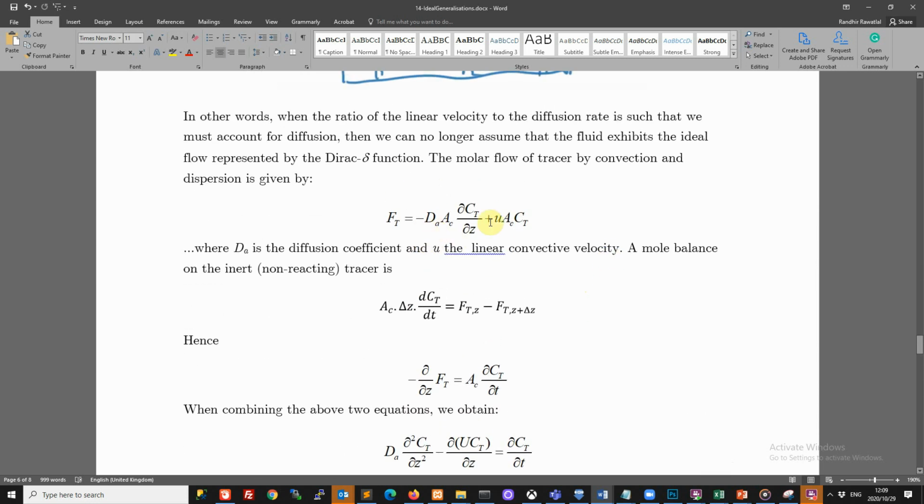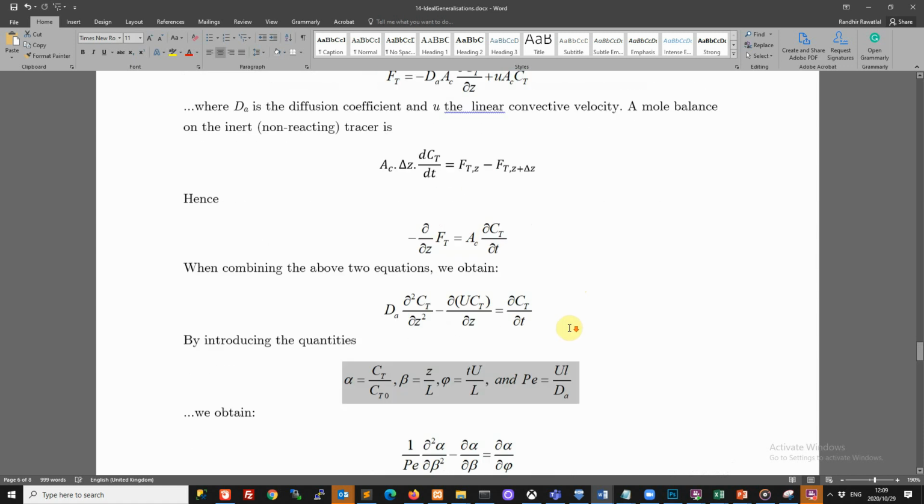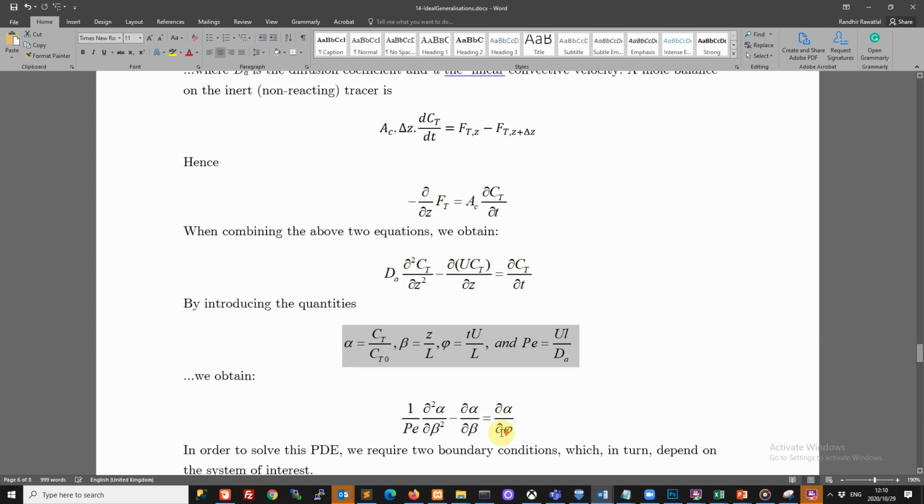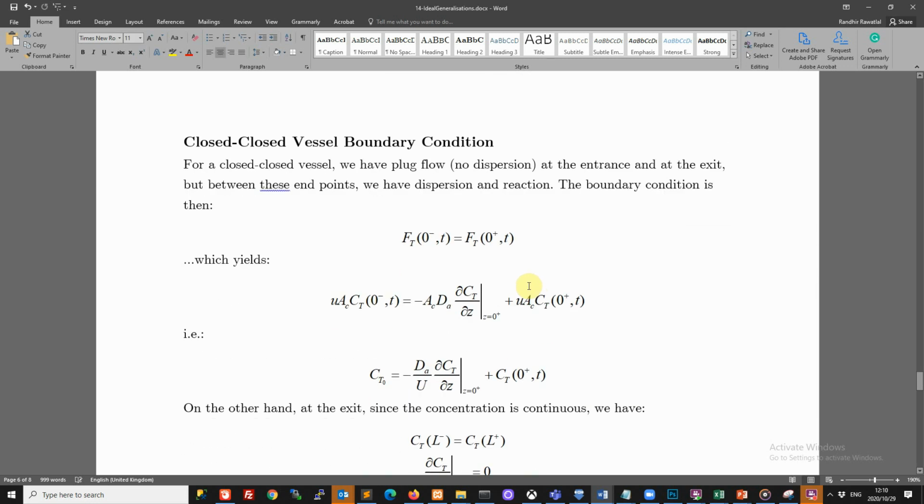So these two terms, your convection term and your dispersion term, what's the ratio between these two? That's typified by your Peclet number here. So if you use these dimensionless groups in here, you can rewrite your PDE in the dimensionless form. And then some boundary conditions are described here.